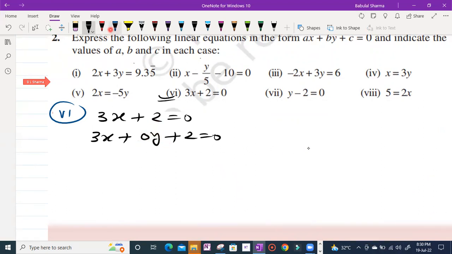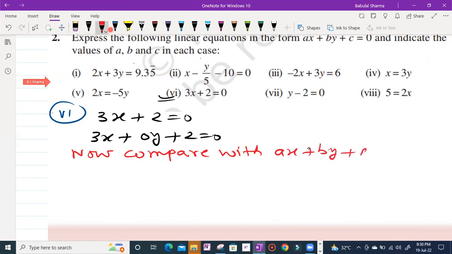And now compare with the standard form, and standard form is ax plus by plus c is equal to 0. So देखिए, here coefficient of x is a, and here coefficient of x is 3. So we can write a is equal to 3.